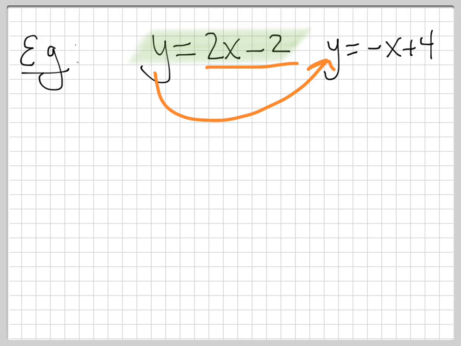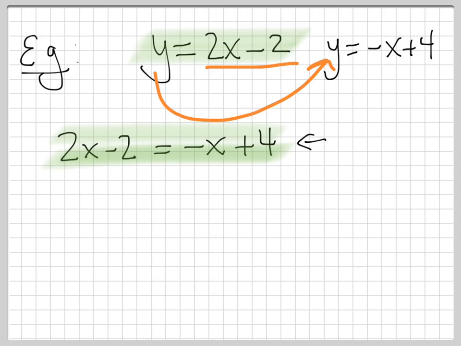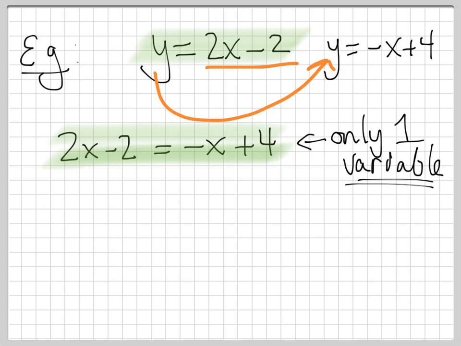So that y is going to be replaced with 2x minus 2. And we get 2x minus 2 equals negative x plus 4. The one thing you should notice about substitution is after you've substituted, there's only one variable left. And that gives us much hope for being able to solve for that variable.